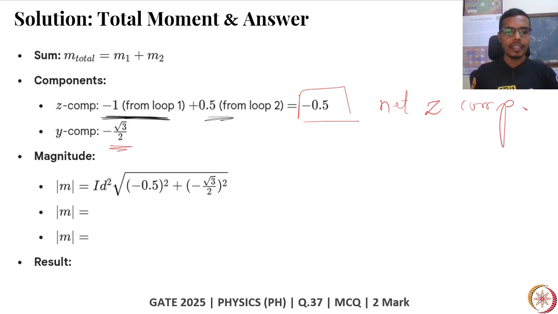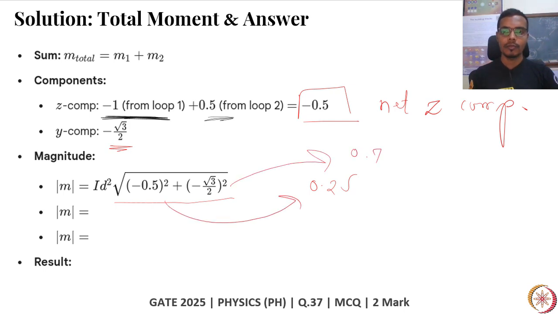To find the magnitude, we square these components and then take the square root. 0.5 squared is simply 0.25, and the other comes out to 0.75.